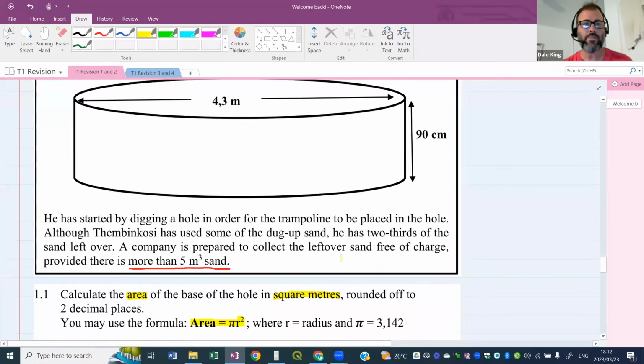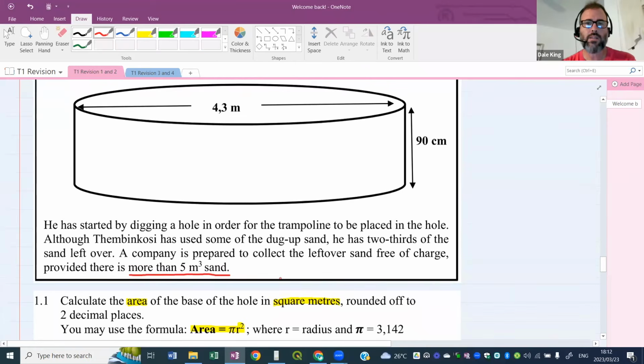This formula needs the radius. How are we going to get the radius from our diagram? Can anyone tell us where the radius is?